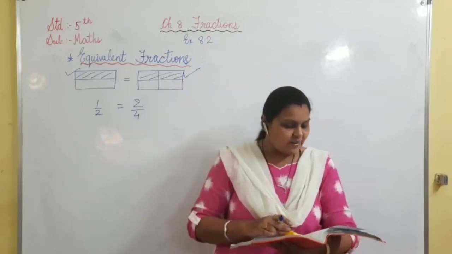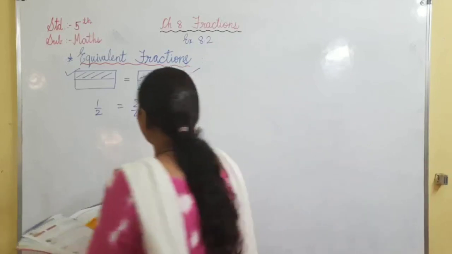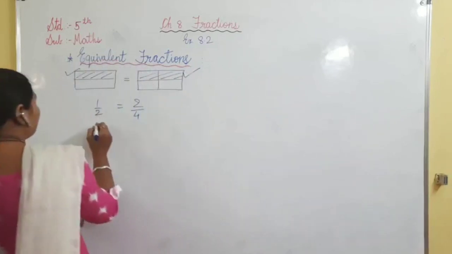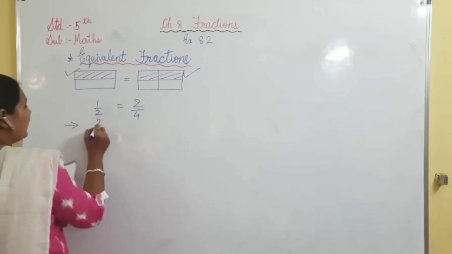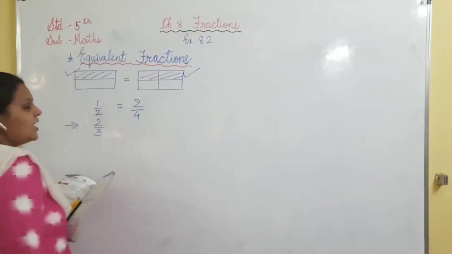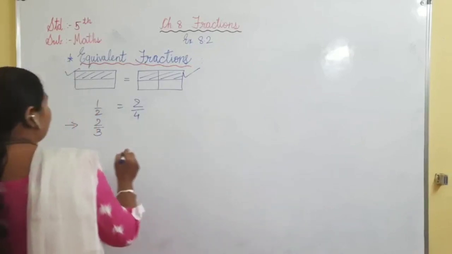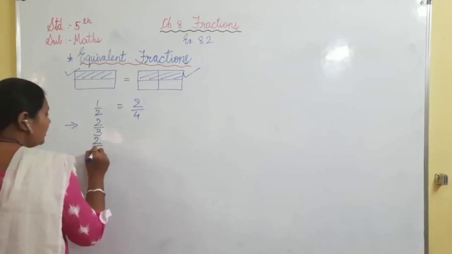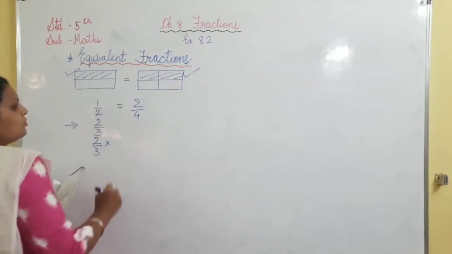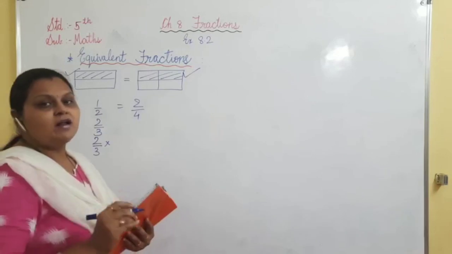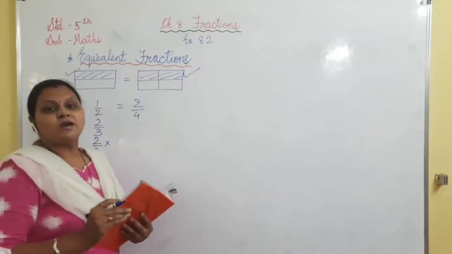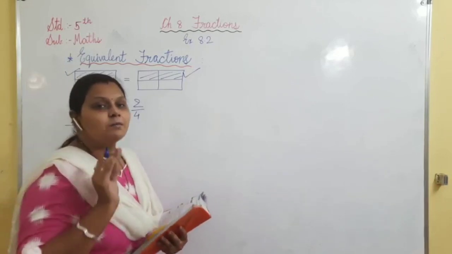Let's see the example. First, find the equivalent fraction for 2 upon 3. Here we are taking 2 upon 3 and will find the equivalent fraction. What is the rule? The rule is to multiply or divide numerator and denominator with the same number.